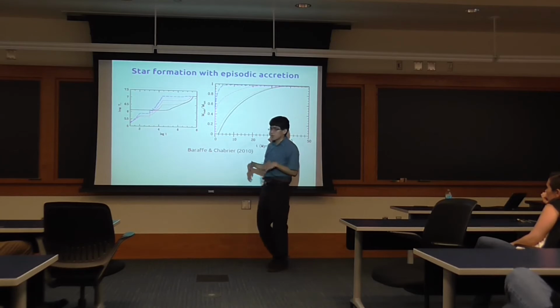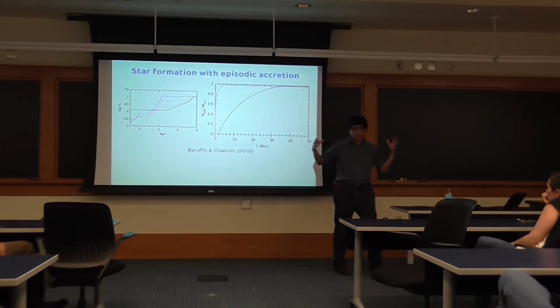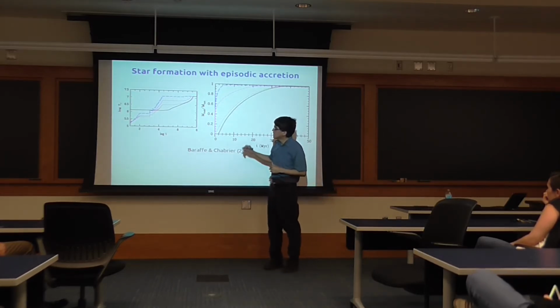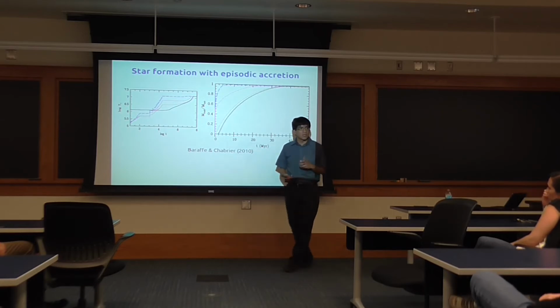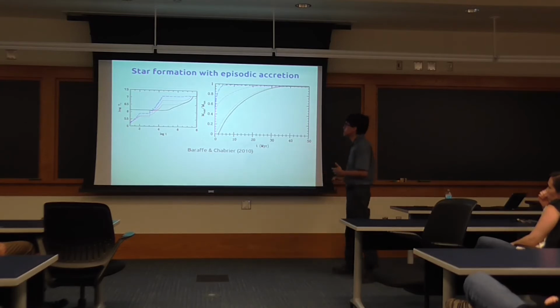And so in models of star formation with episodic accretion, not a uniform collapse, but a collapse with bursts of high accretion rate, you can have, this is the central temperature of the star as a function of age, for 4 different models of episodic accretion. Each one of these has a different history of episodic accretion in terms of how many bursts you get and what the intensity of the bursts is and so on.